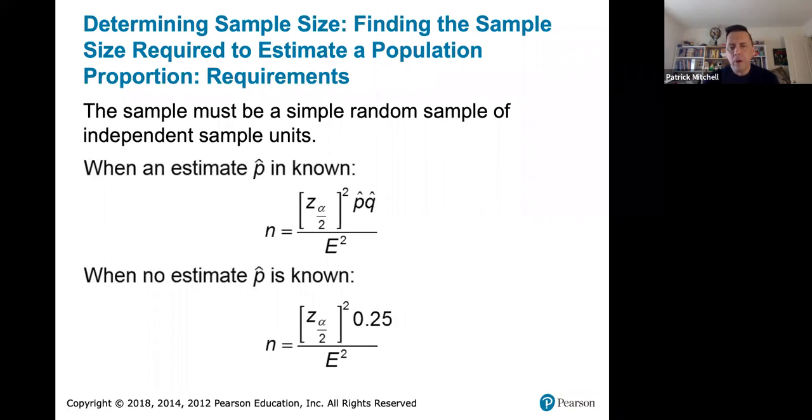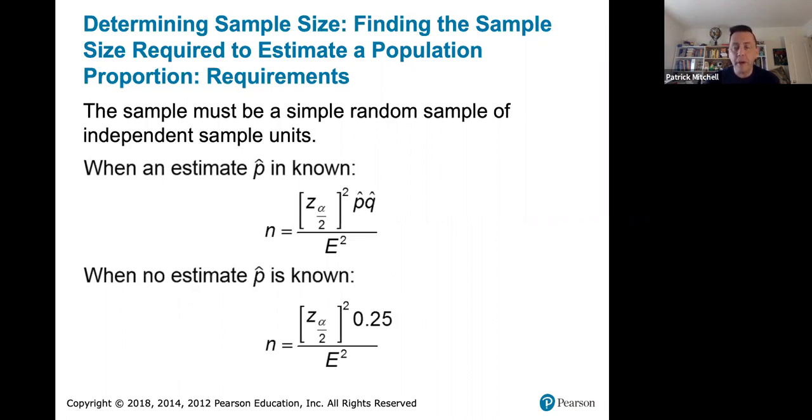Now, if you don't know P hat, which kind of makes sense because remember the goal here is to find the minimum sample size needed to get a certain margin of error, it makes sense that I wouldn't know what the sample proportion is because I don't even know what my sample size is yet.